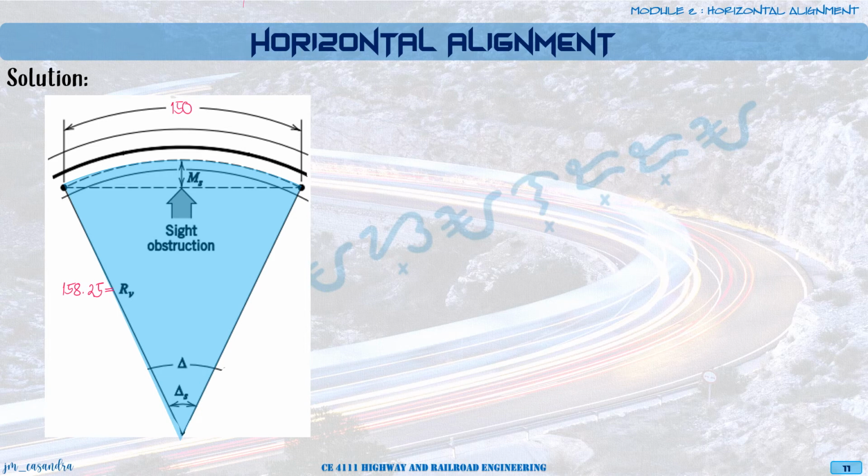So we have now your SSD, 150. The radius of our critical curve will be RV. From here, we can solve now for our SSD, which is now equal to the length of the curve. And we know that the length of the curve is equal to delta RV.